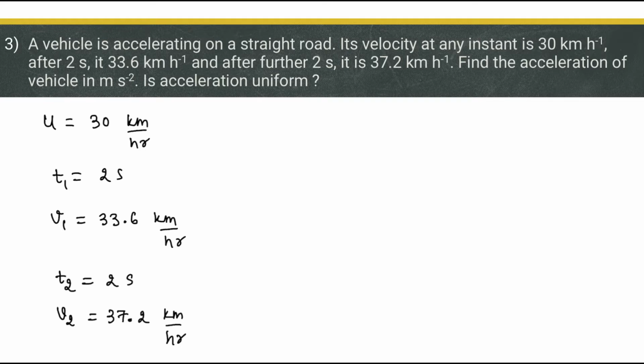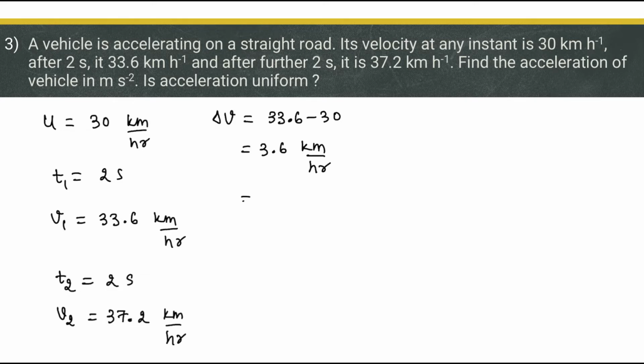So here first I will find out the difference in velocity in kilometer per hour only. Then I will convert that difference in meter per second, and then I will find out the acceleration in meter per second square. So first, the difference in velocity for the first 2 seconds is 33.6 minus 30, that is 3.6 kilometer per hour.